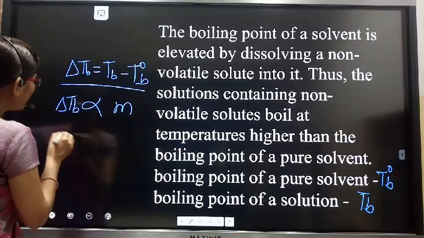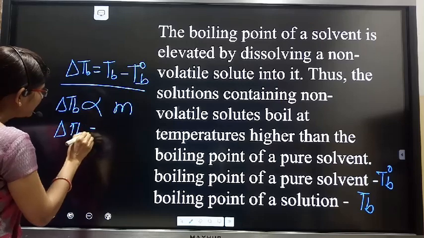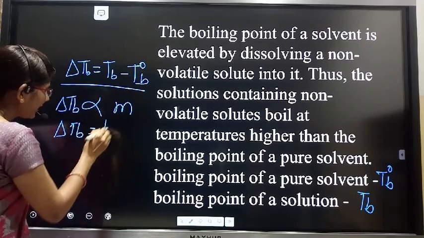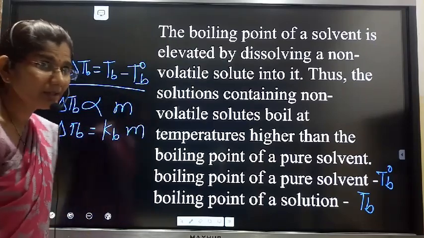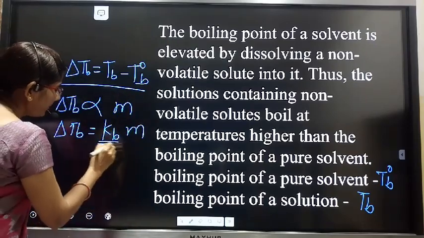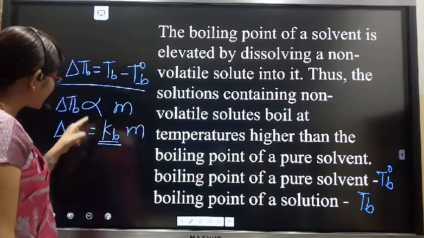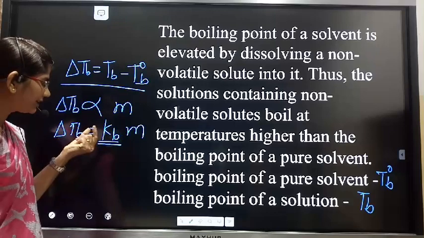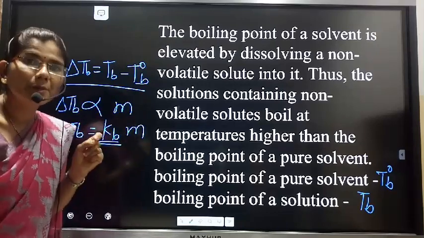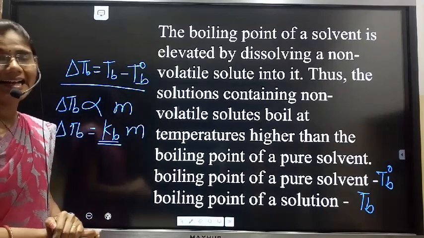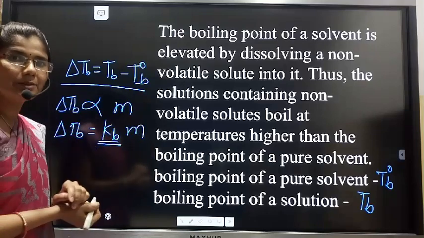If we remove the proportionality sign, then delta Tb is equal to Kb into m, where Kb is called the proportionality constant in the expression of the elevation in boiling point.